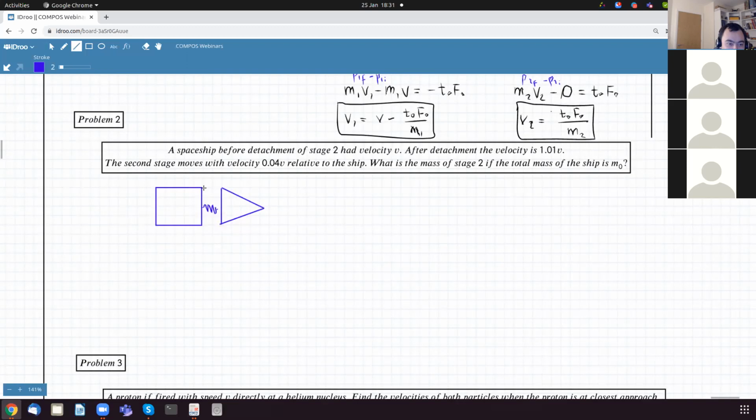This is the front of the rocket. And let's say there's some kind of spring mechanism that pushes them apart. So this is stage 1, and this is stage 2, and they're flying through space at velocity v. So initially they're both traveling with velocity v.